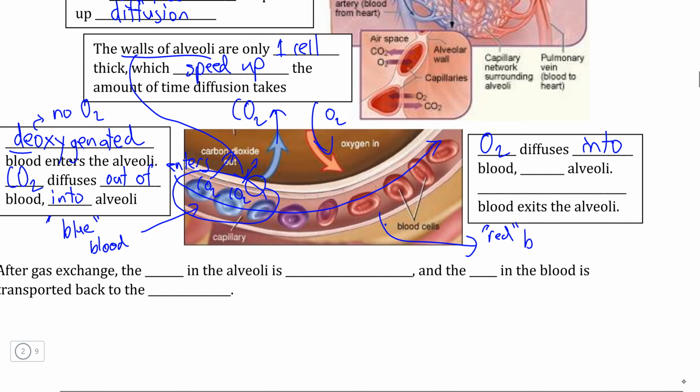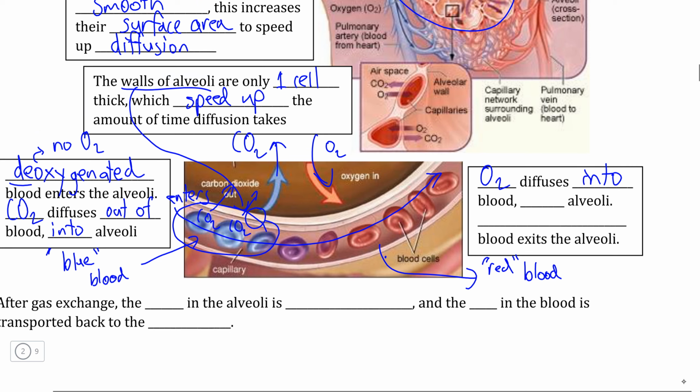So red blood, rather than being known as deoxygenated blood, is what we call oxygenated blood, meaning that this blood is actually carrying oxygen that you have inhaled, because it's going to travel out of the alveoli through the one cell layer thick wall of the alveoli, and then the oxygenated blood is going to be carried out of the lungs.